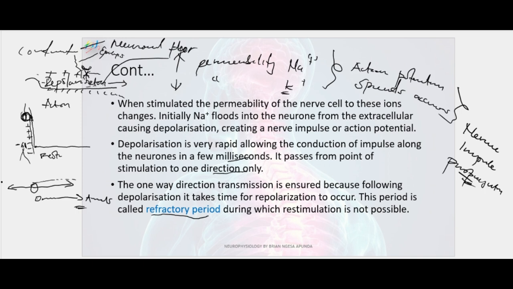So note this: when we'll be doing neuropharmacology, you'll be able to see how to modulate this refractory period, at least in an attempt to control some form of convulsion.